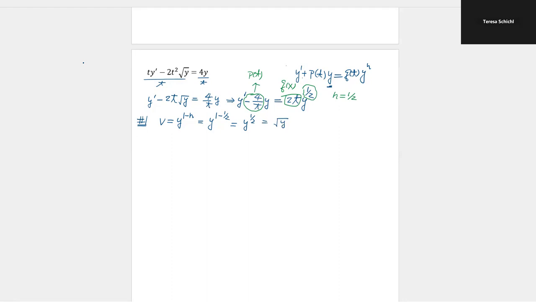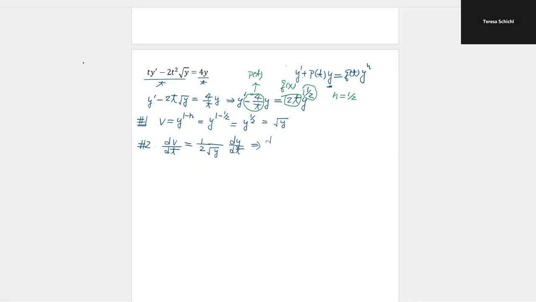Step number two is to replace dy/dt with dv/dt. Since v is here, let's look at dv/dt. Using the power rule, it will be 1/2 times y to the negative 1/2, and because y is a function of t, we have dy/dt here.